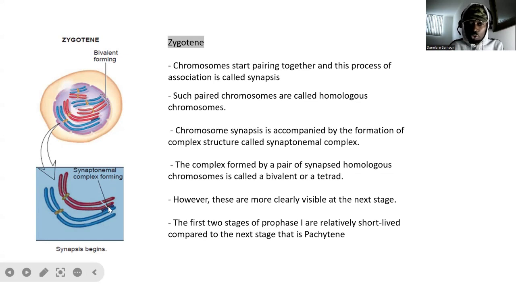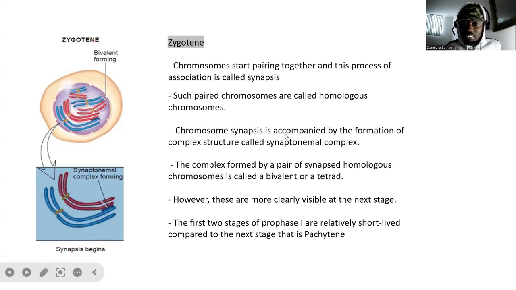Are you getting that? It begins to form in between them, meaning they will be attaching. So we call it synapsis. It is a complex, but the main thing being formed is called synapsis. So let's continue. Chromosomes start pairing together, and this process of association is called synapsis. Each pair of chromosomes is called homologous chromosomes. Like I told you, they will have the same size, height, and everything.